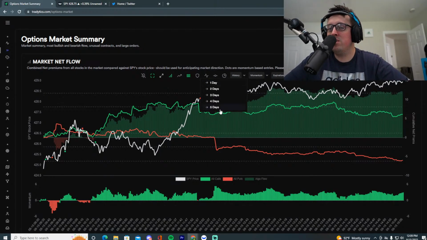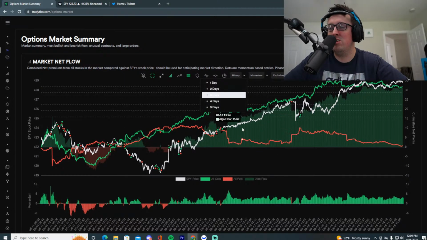Obviously we're in a bull trend, as you can tell, but you can backtest and see the history, like the past 3 days, and base your trades off of that. I normally use it for day trades though. That's where I've seen most success, just day trades using Market Net Flow.